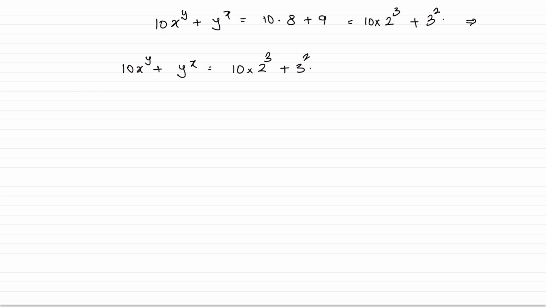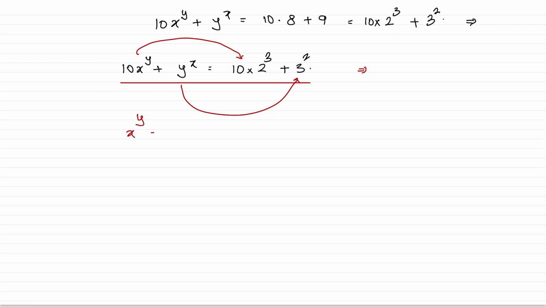This is what we have got from the given values. Hence, when you compare the multiples of 10 and units also, you get x to the power of y is equal to 2 to the power of 3 and y to the power of x is equal to 3 to the power of 2.